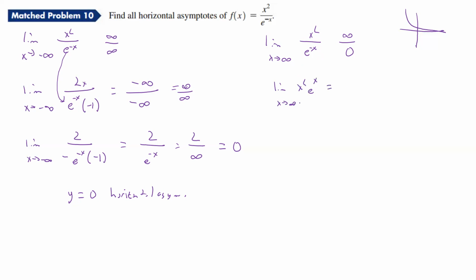If we plug infinity in here, we get infinity, and e to the x is going the opposite direction, so that's infinity times infinity, and so that's infinity. Because of that, there's no horizontal asymptote based on this one.